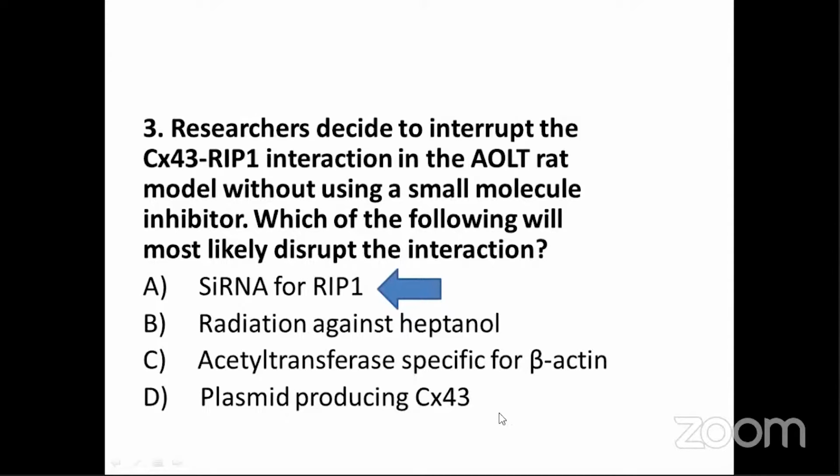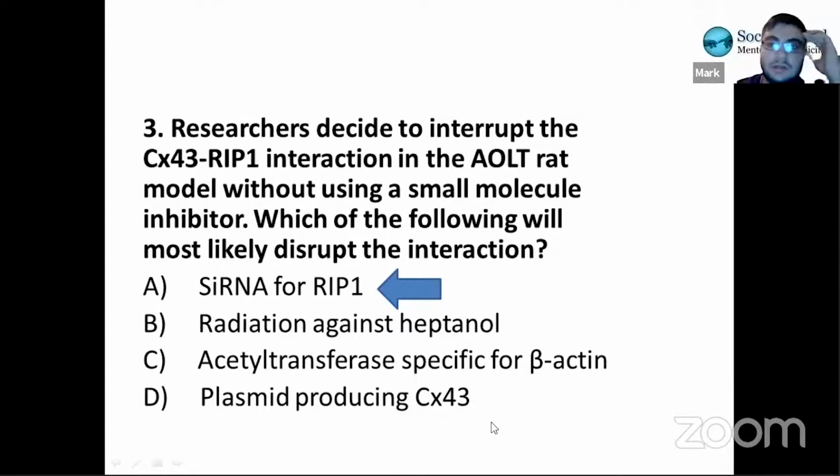When I was reading through this question earlier today, I used process of elimination. We want to interrupt this interaction without using a small molecule inhibitor. A plasmid producing this would obviously not work because it would make more Cx43, so that wouldn't make sense.